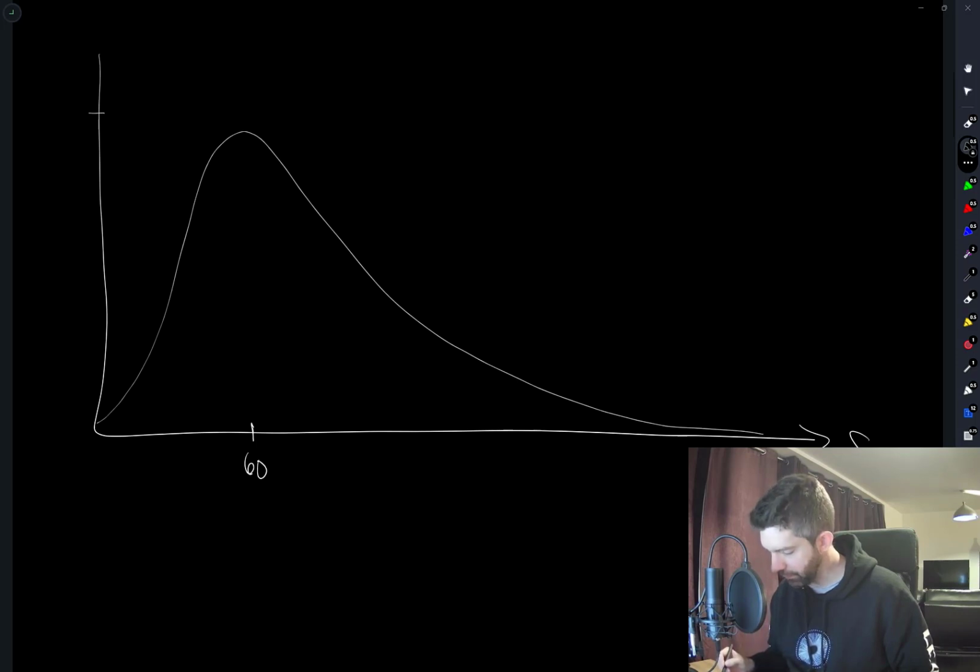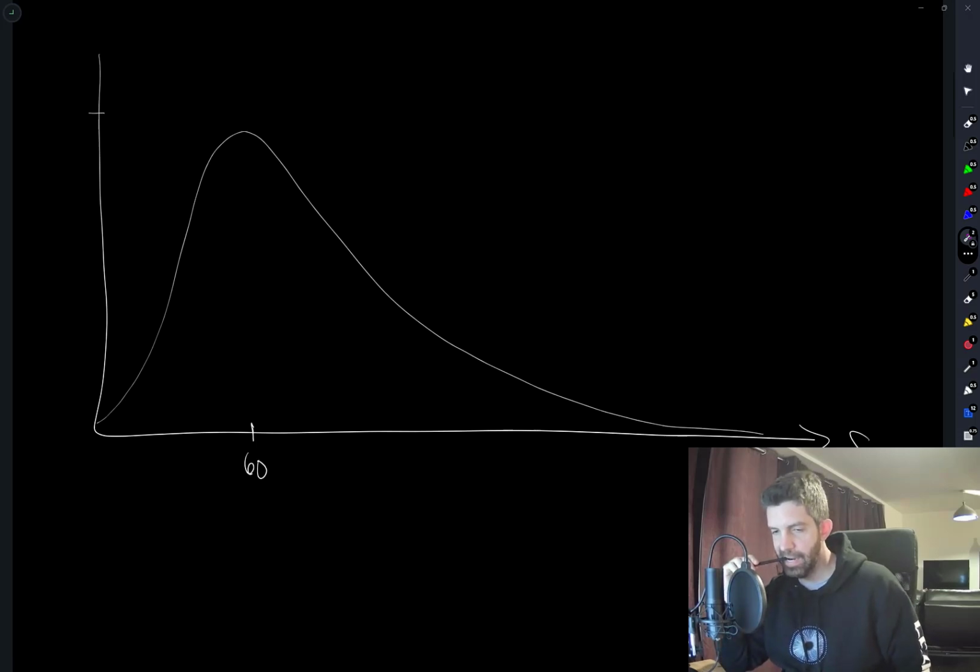This is certainly the expected value, right? I'm not claiming that this is the mode. I'm not super confident here.